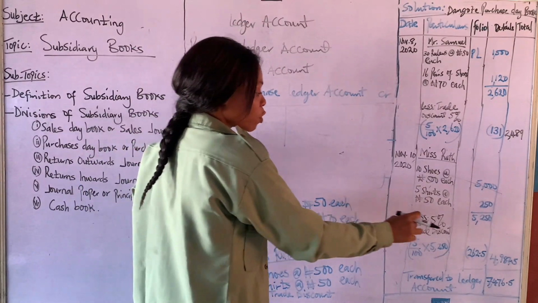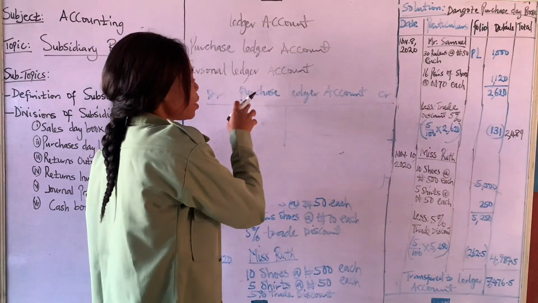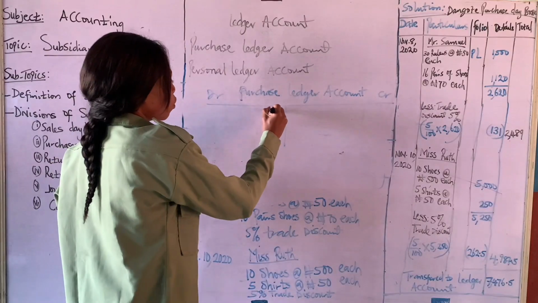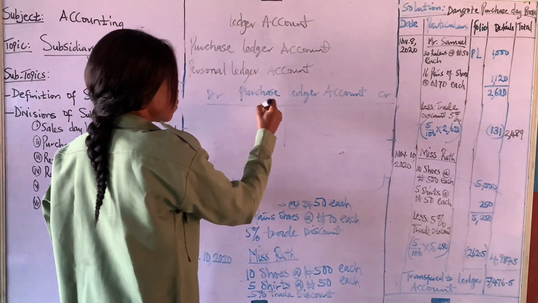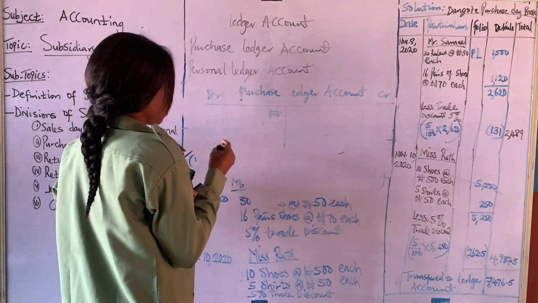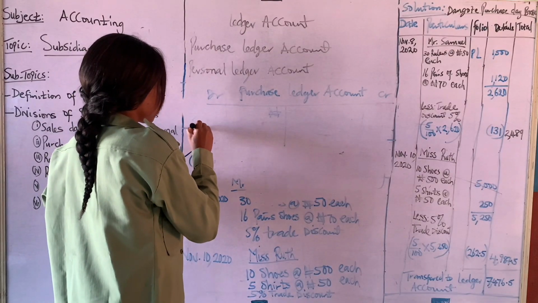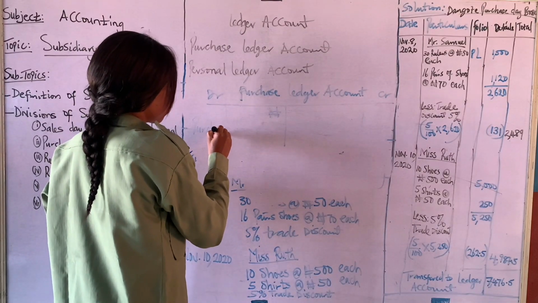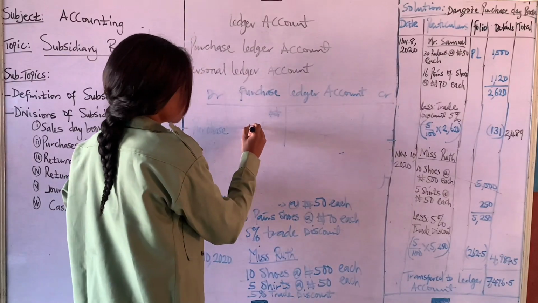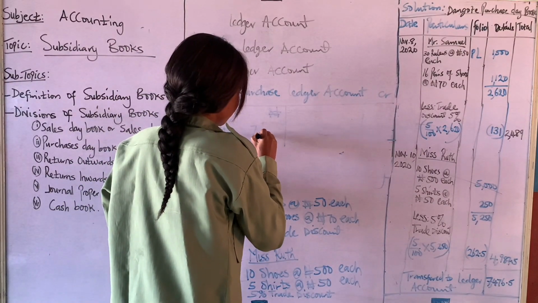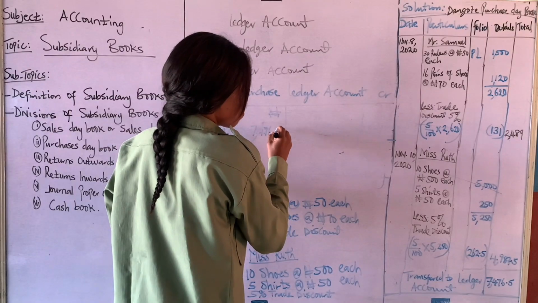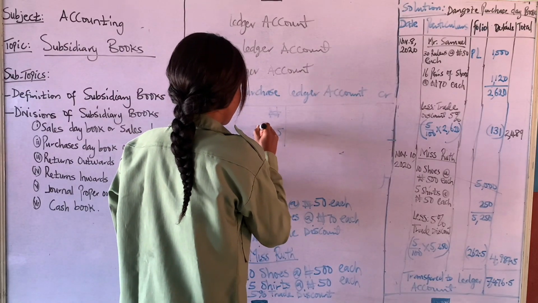Remember I said that the total amount will be debited. So you come here, because purchase ledger account receive these items. So you come here and say purchase. What's the amount? We have 7,476.5.